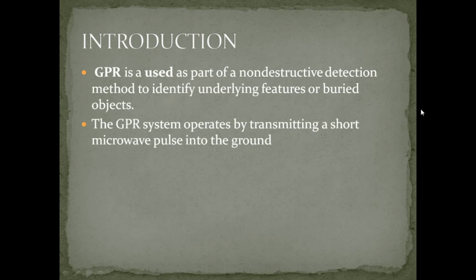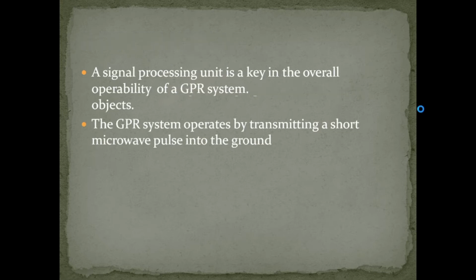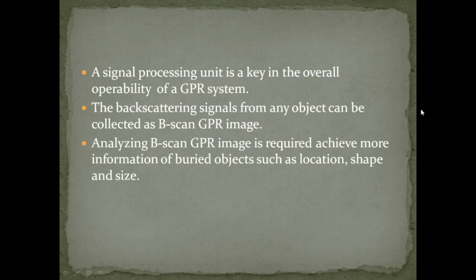The GPR system is operated by transmitting short microwave pulses. Next, the signal processing unit is key in the overall operation of the GPR system, and is employed for interpretation of the GPR signal.